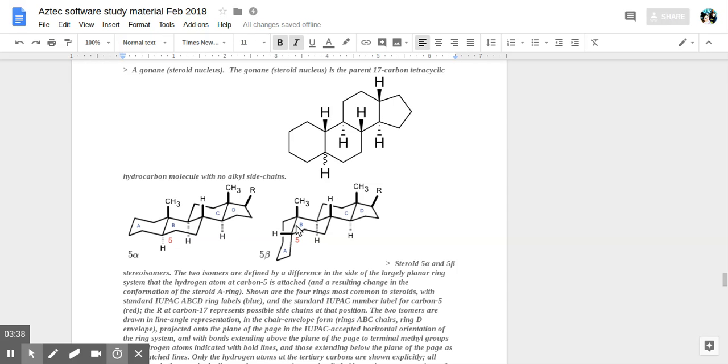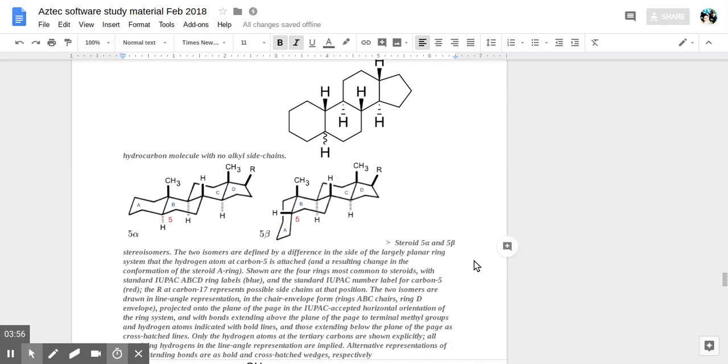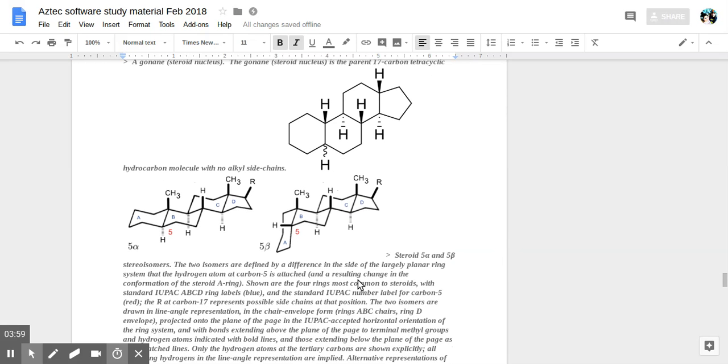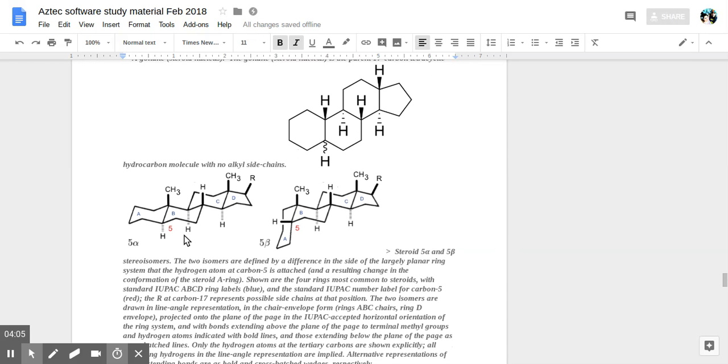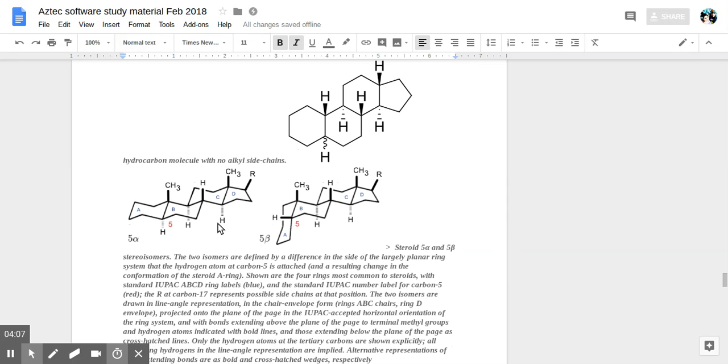Projected onto the plane of the page in horizontal orientation of the ring system with bonds extending above the plane of the page to terminal methyl groups, CH3 groups, and hydrogen atoms indicated with bold lines. Those extending below the plane of the page are in cross-hatched lines.